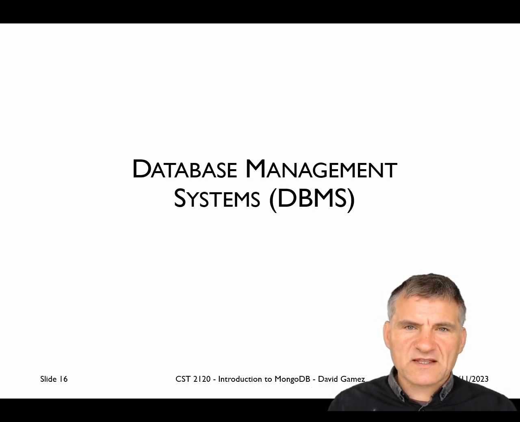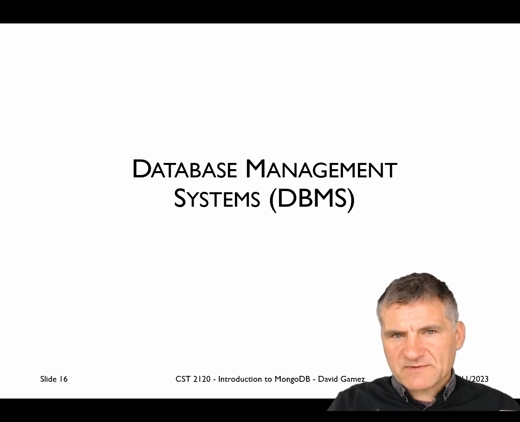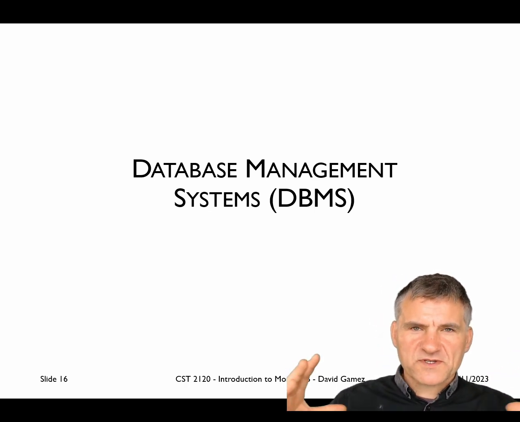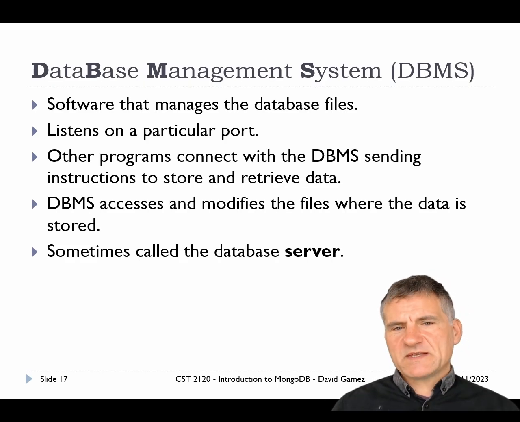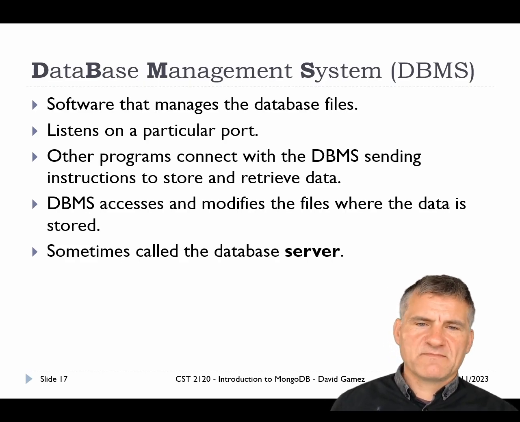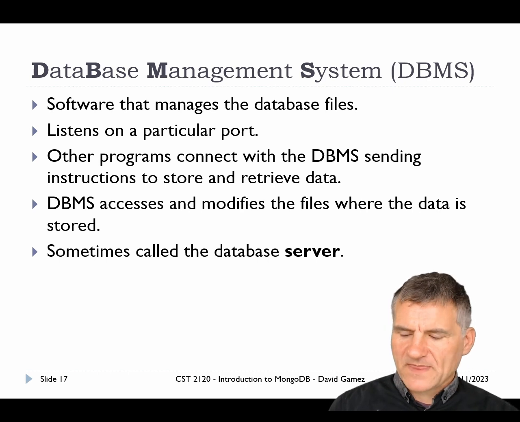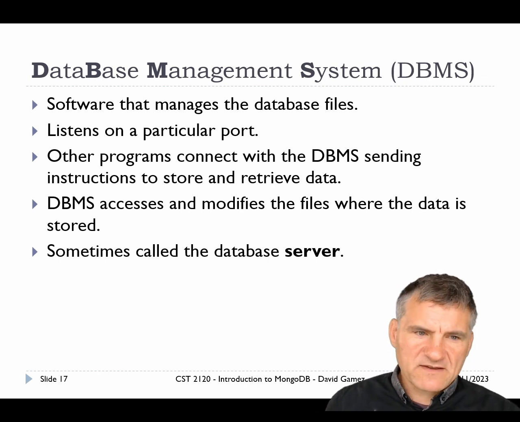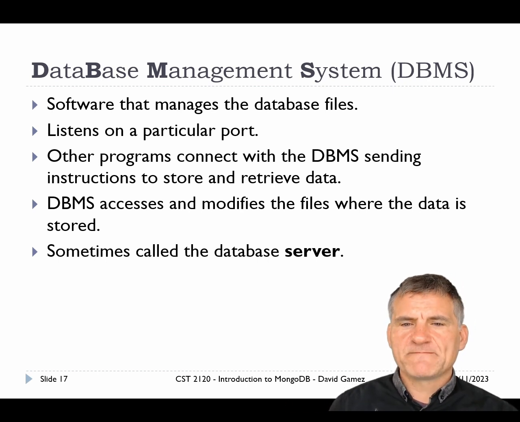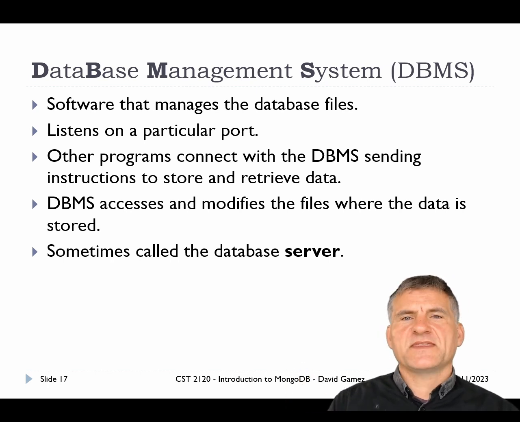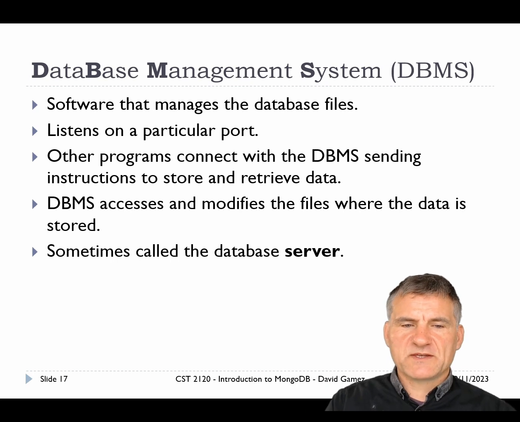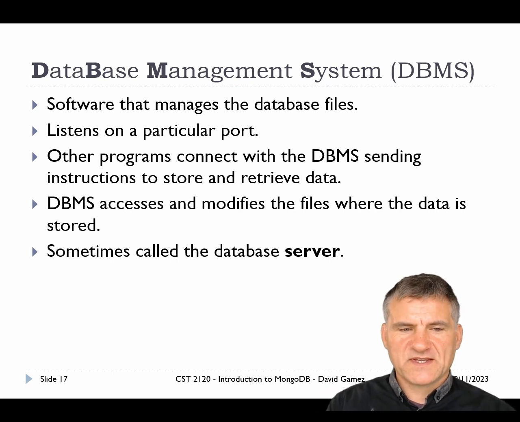So I want to talk a little bit about what a database management system is and how the whole database architecture works. A database management system is software that manages the database files. That software sits there as a server, effectively, listening on a particular port. Other programs connect to it and send their instructions to store and retrieve data.